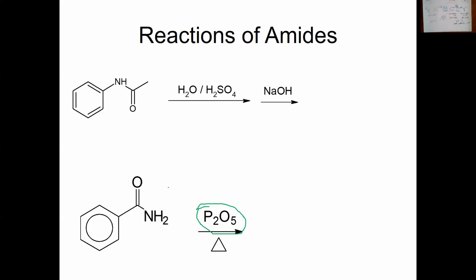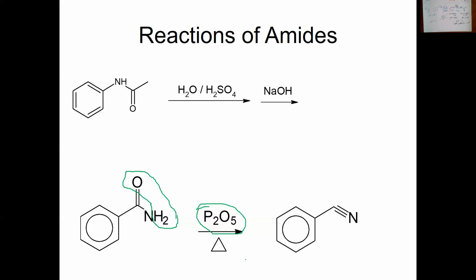Yep, dehydrating, as in losing water. 2 H's, 1 O. We lose water here. So if you lose 2 H's and 1 O, you end up with a C and an N as the only things that are left. You make a nitrile. So amides can be hydrolyzed, amides can be dehydrated to form a nitrile.